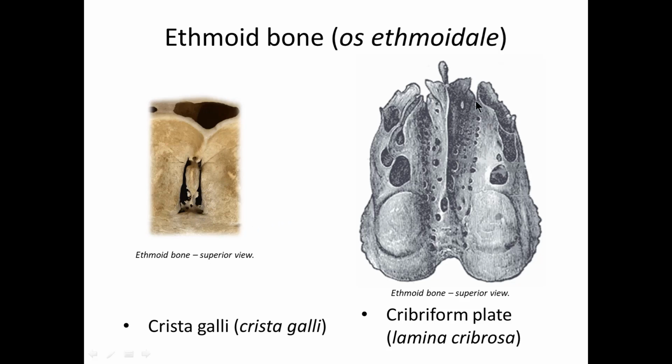It's well visible here. As the name suggests, the structure is richly perforated. Olfactory bulb lies on the cribriform plate and sends its olfactory fibers down into the nasal cavity, so it nicely explains the name of the ethmoid bone. Ethmoid comes from the Greek meaning a sieve.